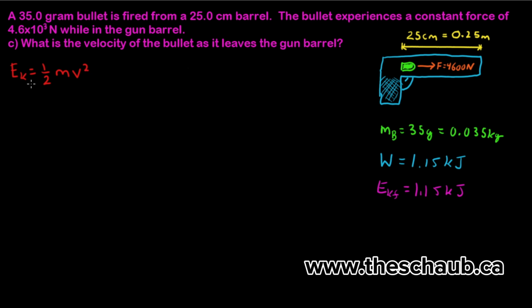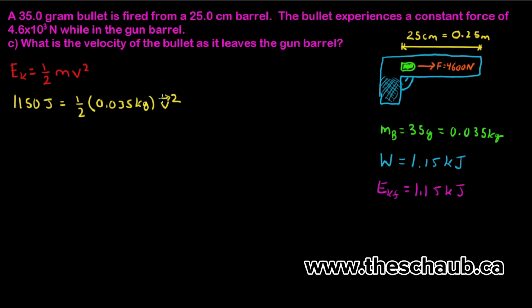Substituting our values into the equation for kinetic energy, we have a final kinetic energy of 1.15 kilojoules, so 1,150 joules, and this is equal to 1/2 multiplied by the mass of the bullet in kilograms, which is 35 grams, so 0.035 kilograms, multiplied by what we're looking for, the velocity squared.